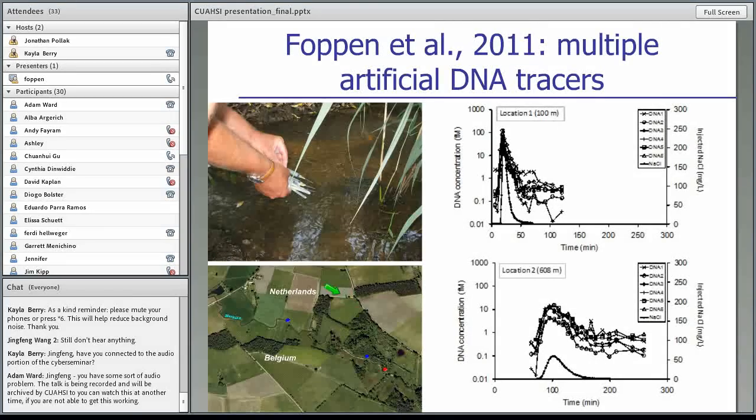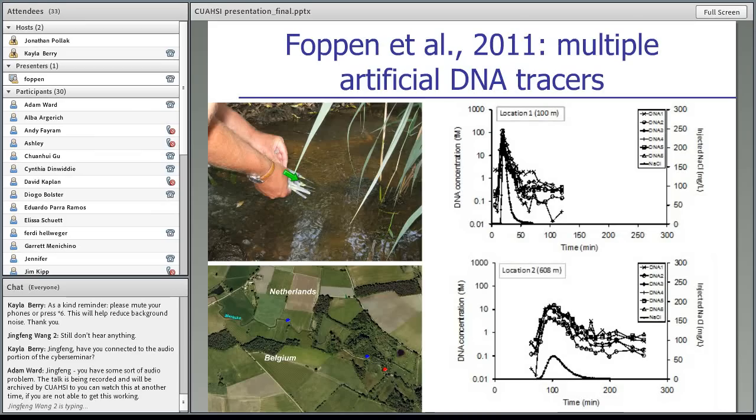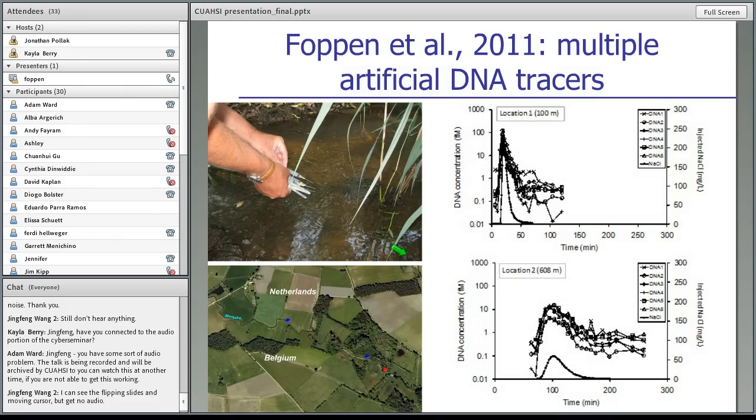A few years ago, we did a number of stream tracer injection experiments in a couple of brooks in the Netherlands and in Belgium, and this will be published in Hydrological Processes. When we injected DNA, we had sampling locations 1 and 2 in this little brook, which is located here, and we could quite easily trace it back.